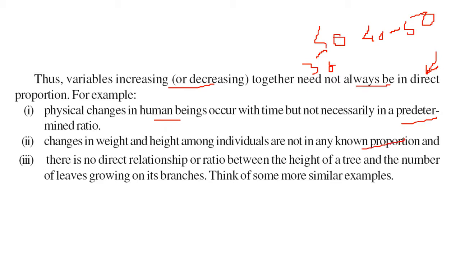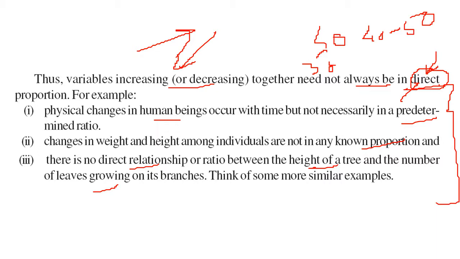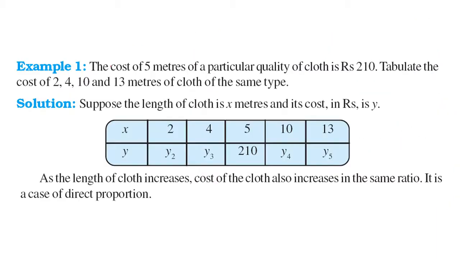I must not say indirect, but there is no direct proportion, because I will talk about indirect later. When one thing increases and the other decreases, that is indirect proportion. So I must not say indirect here. This is no direct proportion. There is no direct relationship between the height of a tree and the number of leaves growing on its branches. These are all with no direct or indirect proportion.